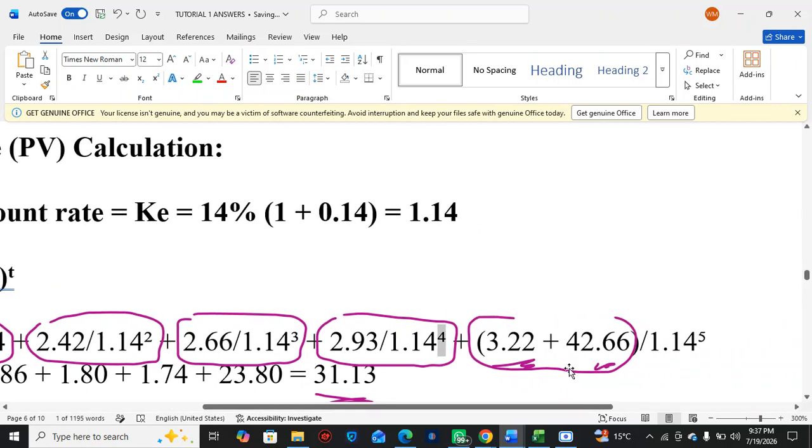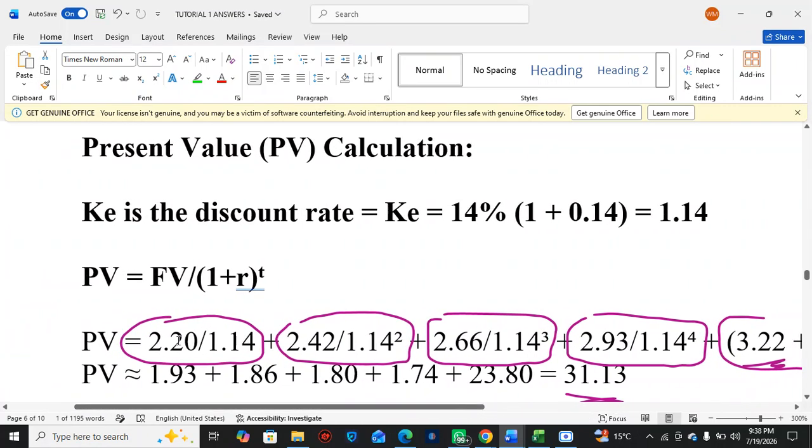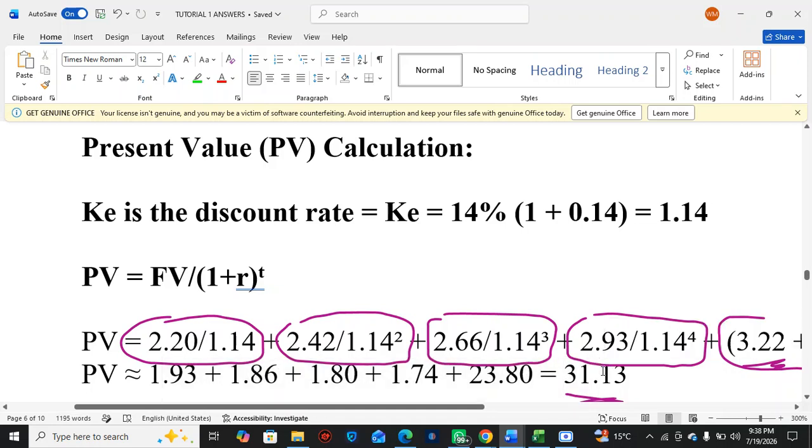Then for year 5, the dividend for year 5 plus the perpetual dividends over 1.14 raised to the power 5. So when you do our tabulations, you get 1.93 plus 1.86 plus 1.8 plus 1.14 plus 23.8. That gives us 31 kwacha 13 ngwee.